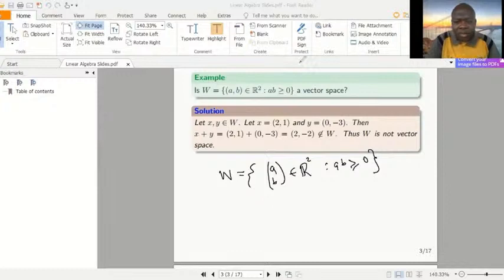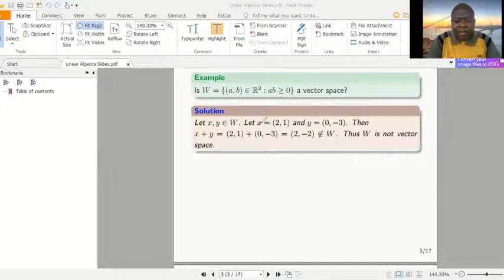Now, the question is, is this set here a vector space? So that means you go through the properties and see whether it will satisfy. And if you believe that it will not be satisfied, then you say it's not a vector space. For instance, let me see whether it has the zero vector.